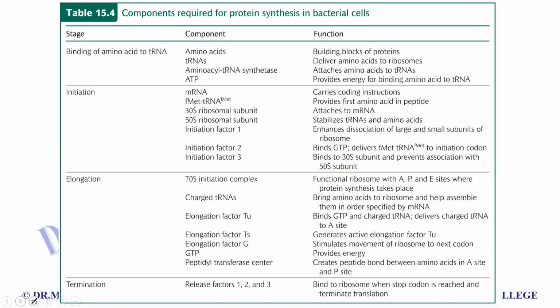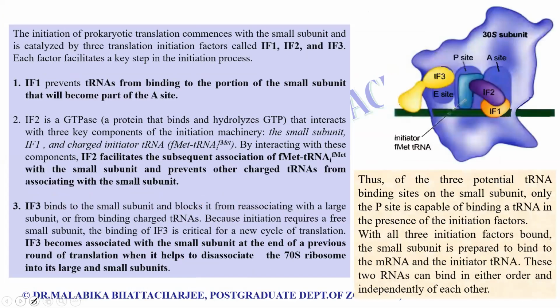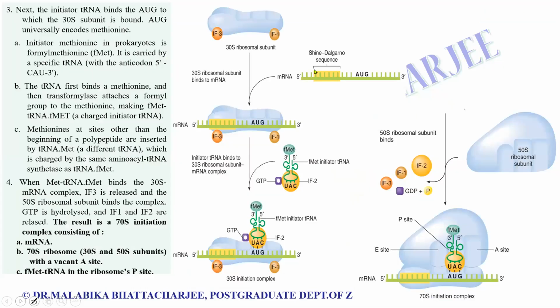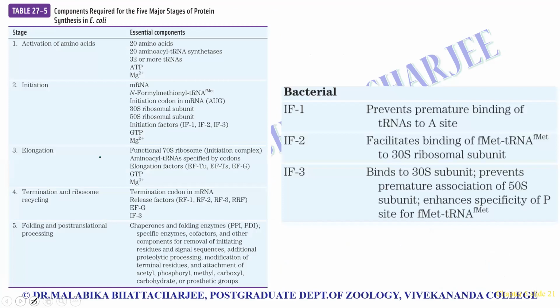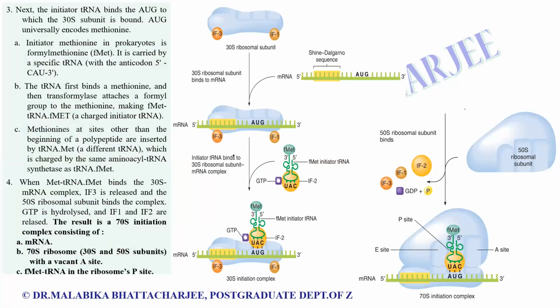So this is the Shine-Dalgarno sequence, and this is the initiation codon. You can see the 30S ribosomal subunit first recognizes the Shine-Dalgarno sequence, base pairs with it, and then recognizes the start codon, the AUG, after which it will start translating the polypeptide.